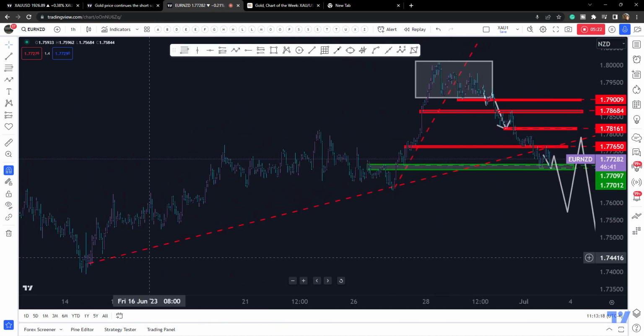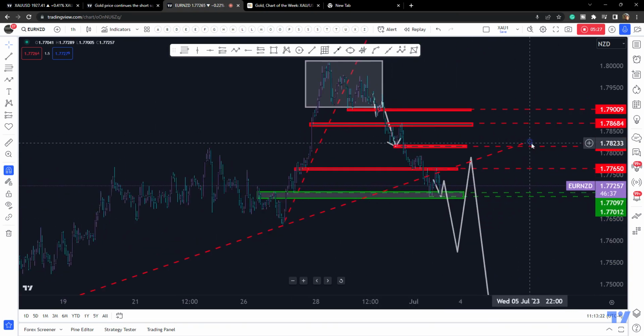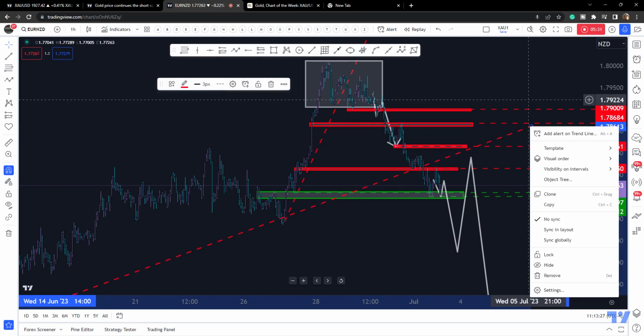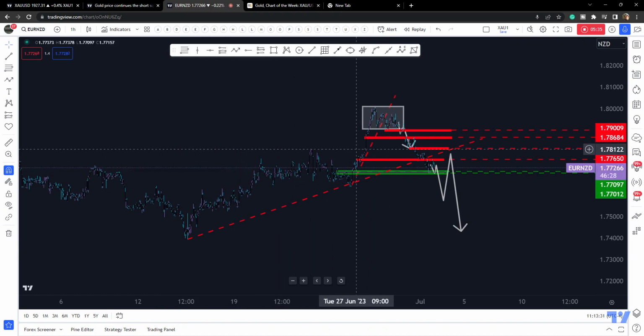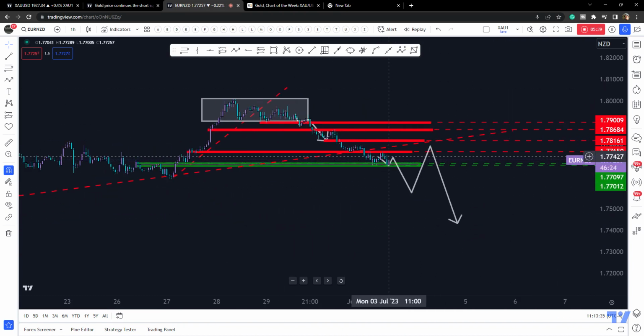So that's the trend line. It's sort of trying to penetrate at the moment. So on the backside of that trend, the bearish bias is there to see. It's whether we can break this support, potentially moving back up to come down.